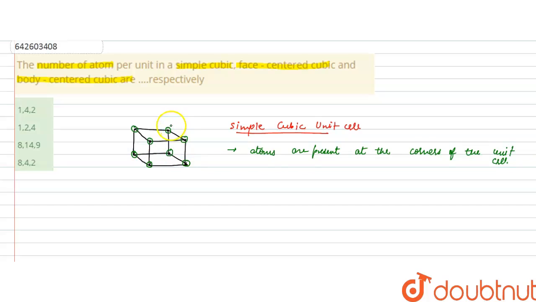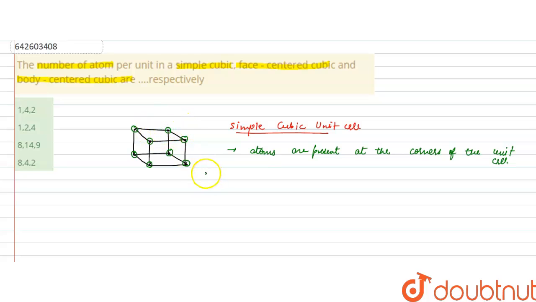The contribution of one atom at the corner is 1 by 8 because it is surrounded by 7 more simple cubic unit cells. So the contribution of one atom on the corner to a single unit cell is 1 by 8.